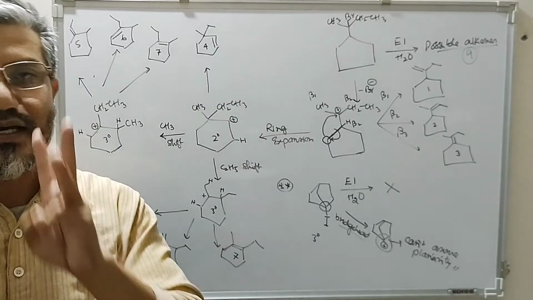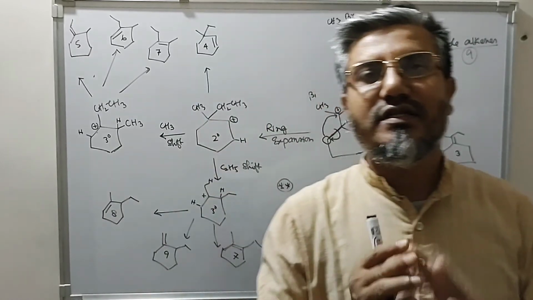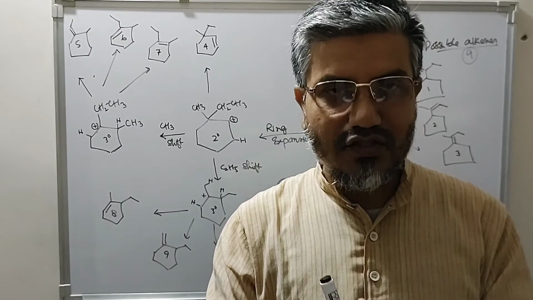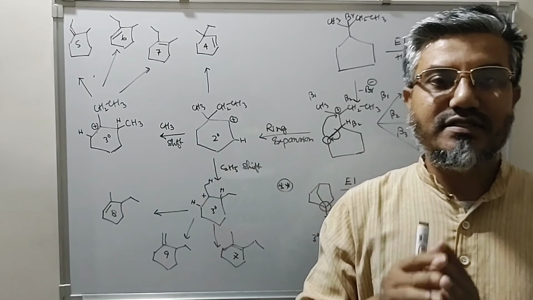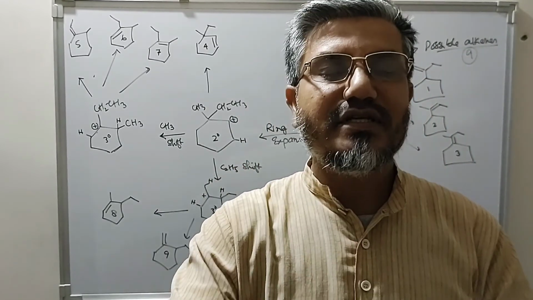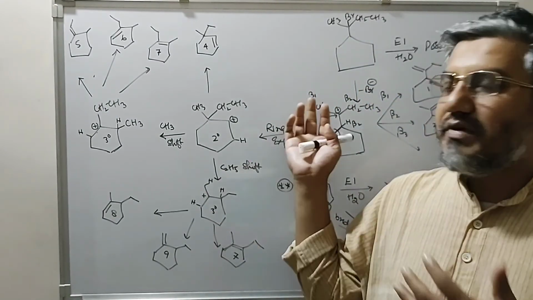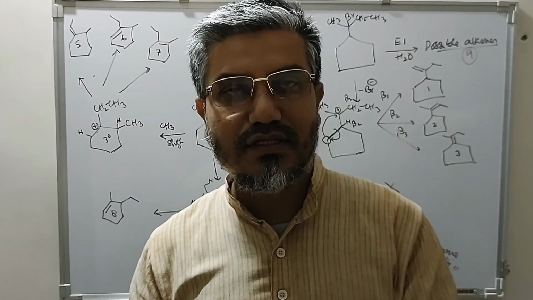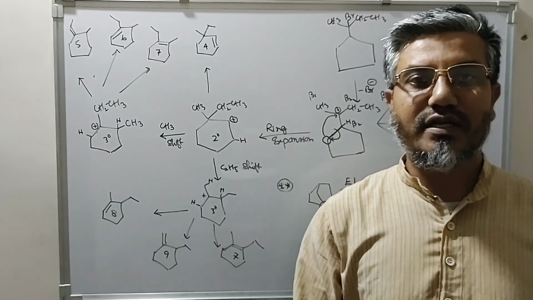These 3 mechanisms are basically based on the different timings for breaking of carbon-hydrogen and carbon-halogen bonds. In all these pathways, there is breaking of carbon-hydrogen and carbon-halogen bonds, but the timings are different. Based on this difference in timing, 3 different mechanisms are proposed. One involves a transition state, one involves a carbanion intermediate, the other involves a carbocation intermediate.